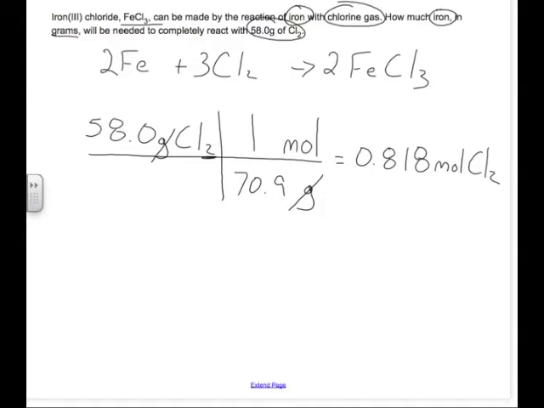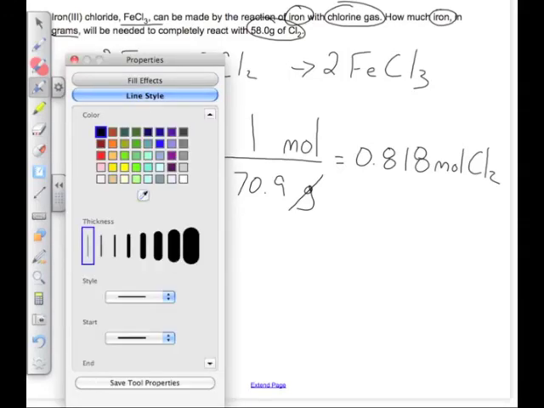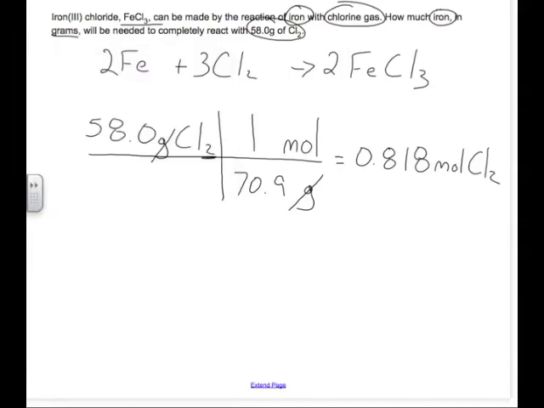Now I'm going to slide down some here and change colors, because I'm now going to take my 0.818 moles of Cl2. Since I have moles, I'm going to use a mole ratio to turn it into iron. So down here, Cl2 is up there, Cl2 goes here. I want to find iron, so iron goes here.